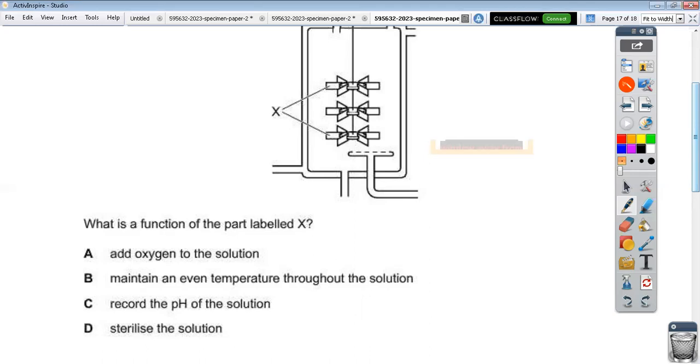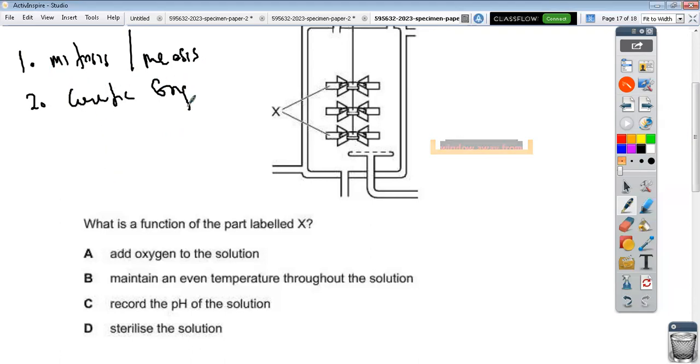So from what I was revising, the reason why we are doing this is to try to help you. I can tell that most of you were doing so well when we were revising. Go and revise on mitosis, meiosis. Some of you got confused there. Go and revise on genetic engineering.